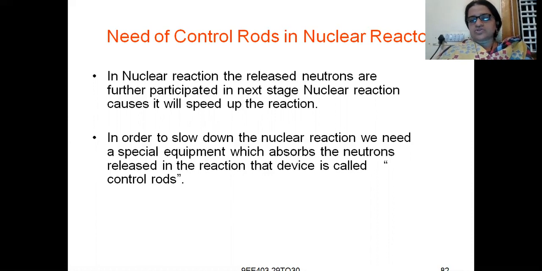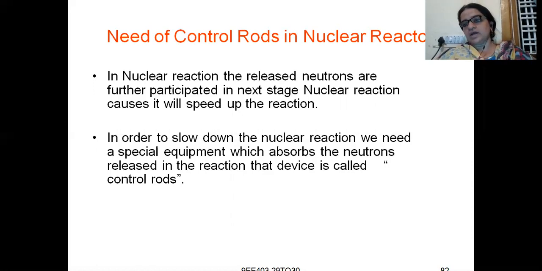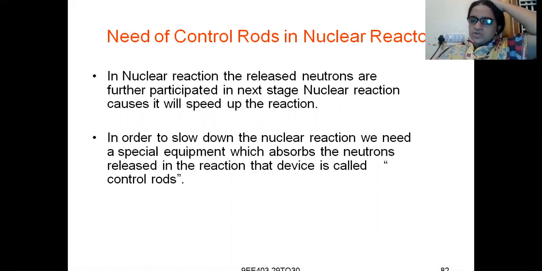In order to slow down the nuclear reaction, we need a special equipment. If the chain reaction is becoming uncontrollable, what should we do?